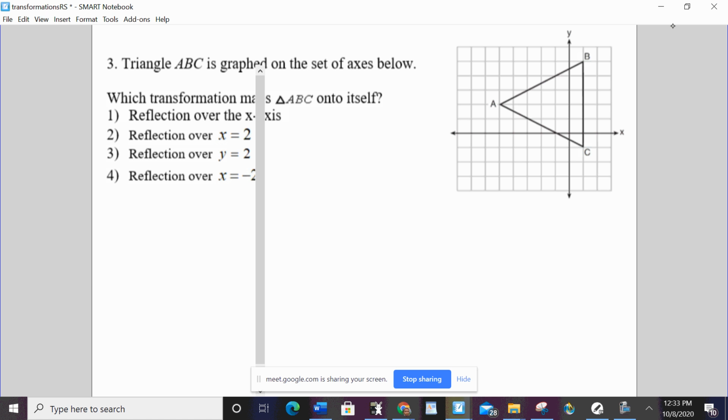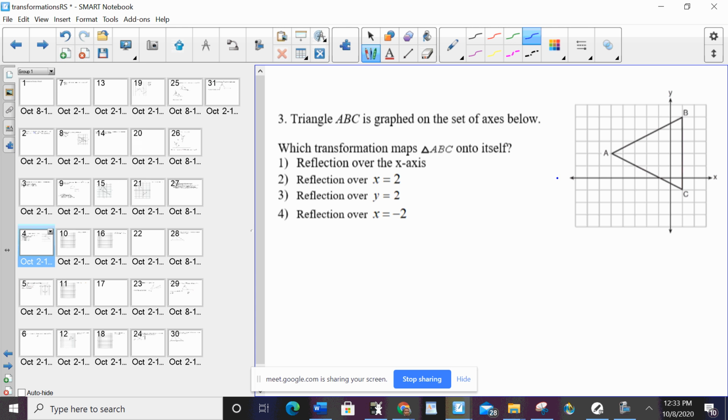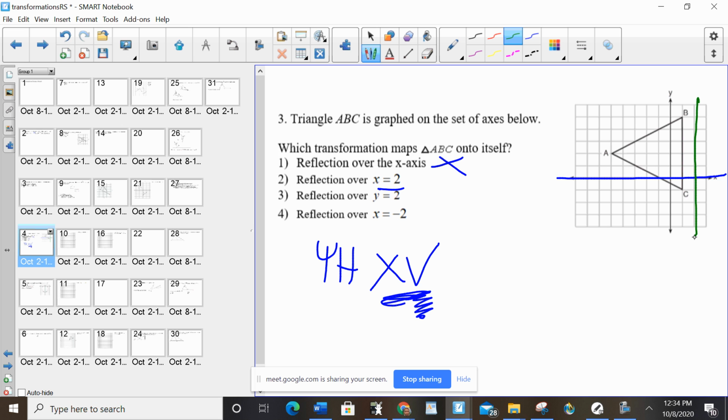Let's go through each choice. Is that a line of symmetry? No. X equals 2. Remember Yancey. Yancey has X-ray vision. X equals a number is a vertical line at 2. Is X equals 2 a line of symmetry?